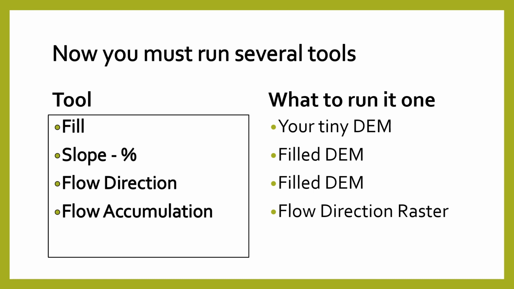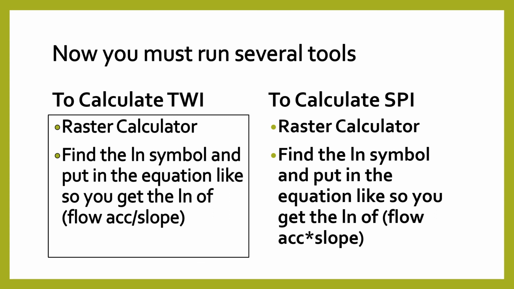Now, once you've got all these things, you have all the stuff you need to calculate a TWI and a SPI. So how do you do it? Well, to calculate the TWI, you're going to find your raster calculator. And on the right, there's a whole list of math functions that you can scroll down through. And somewhere down there on that list is the ln, or the natural logarithm function. When you double click it, it pops up the ln function and gives you a set of parentheses with the cursor in the middle.